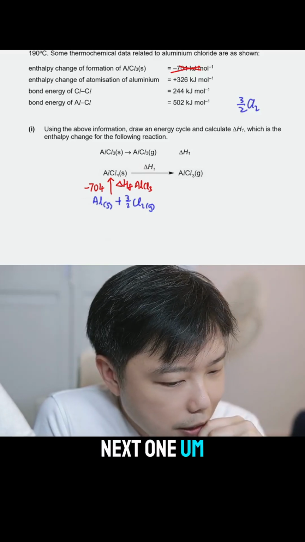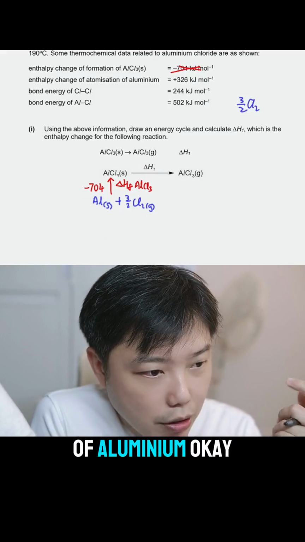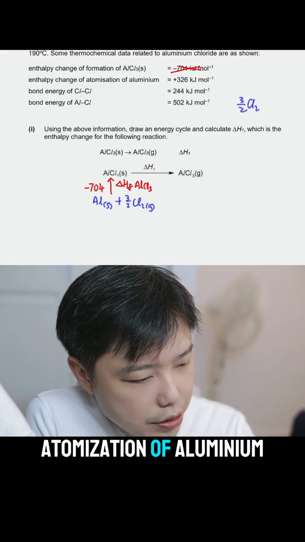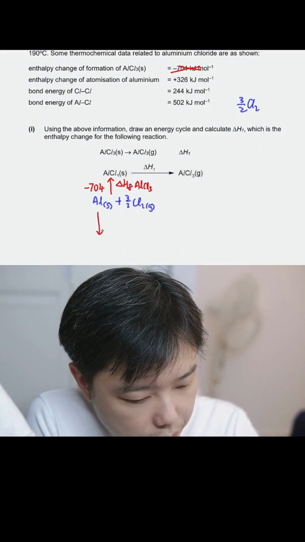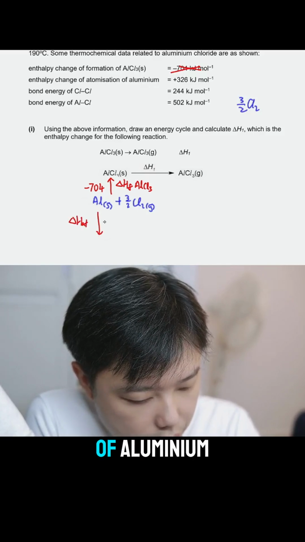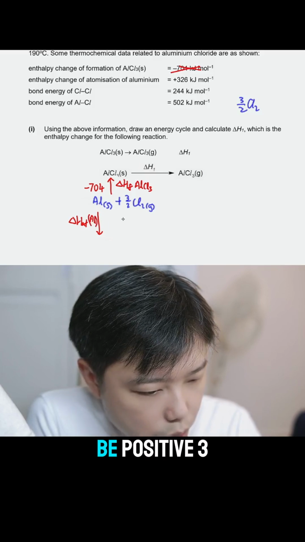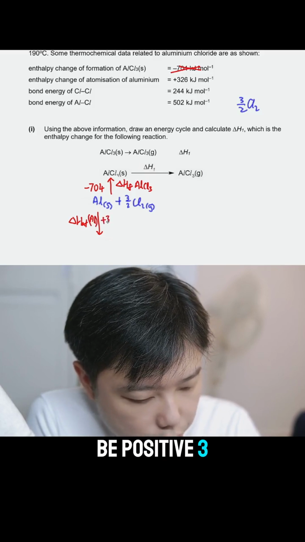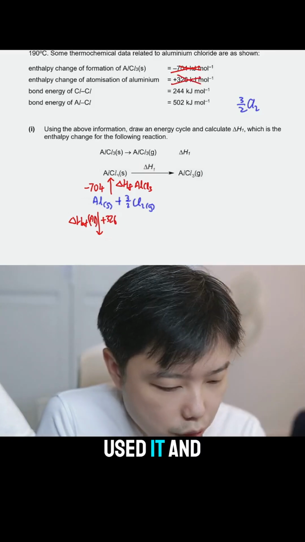Let's look at the next one. Which one can we use? We can use the atomization of aluminum. This value will be +326. We cancel it out as soon as we've used it.